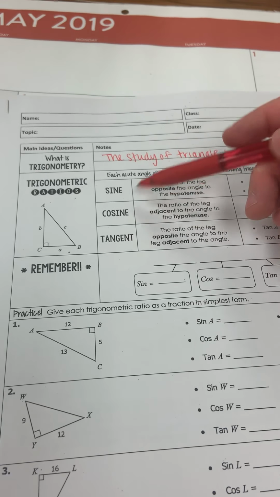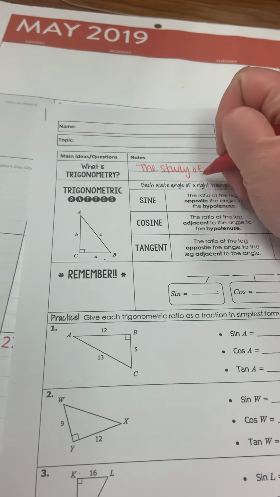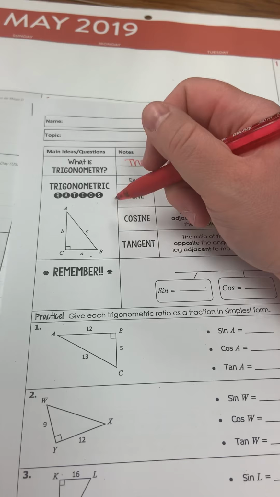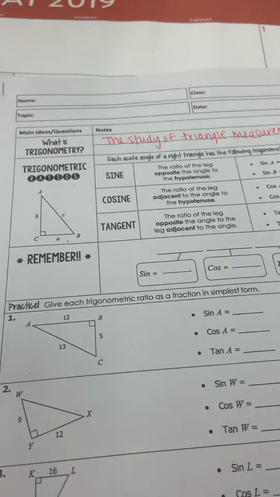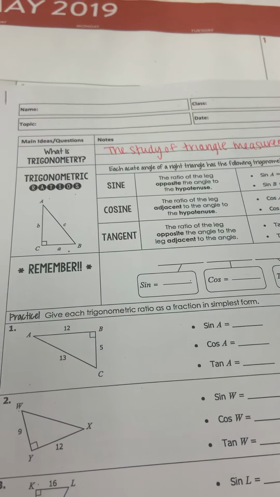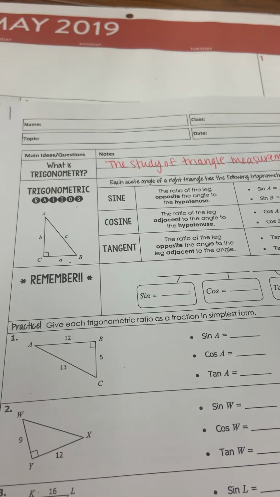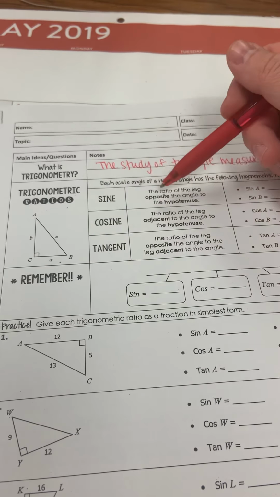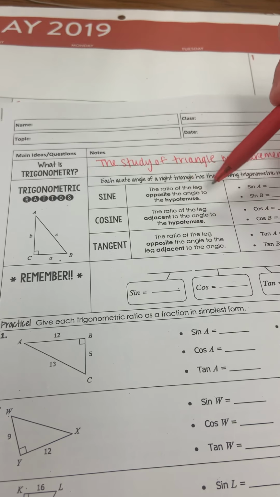For the sine ratio, we usually follow something called SOHCAHTOA, so I'm going to show you how that works in just a moment. The sine ratio is formulated from the leg opposite the angle to the hypotenuse.